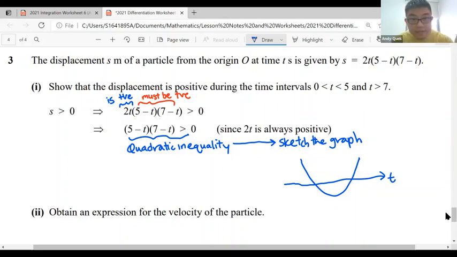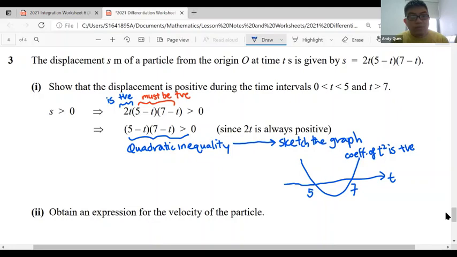Okay. Can I check? Have I drawn my quadratic curve correctly? The answer is yes, right? Why? Because the coefficient of t squared is +1. So my quadratic curve is upright and it cuts at those two points.